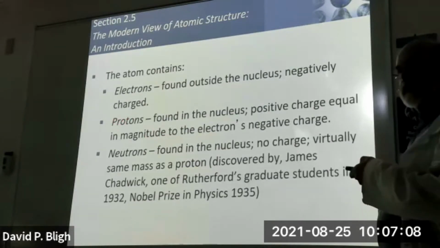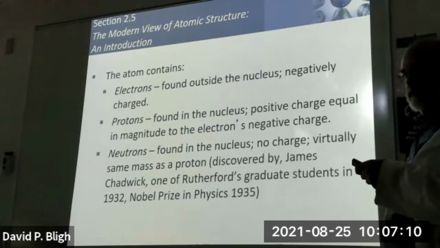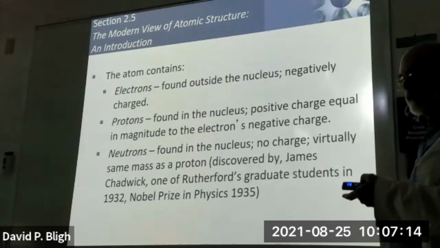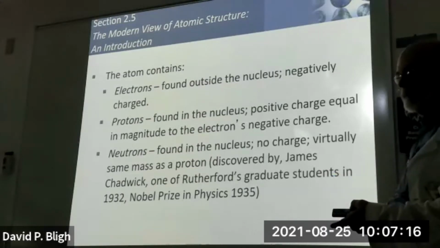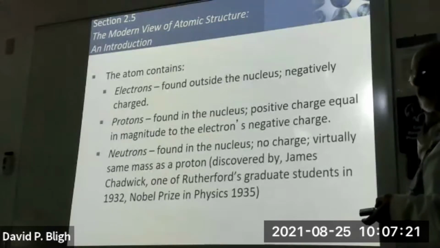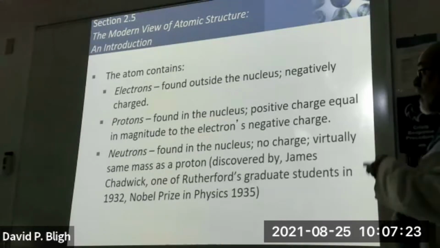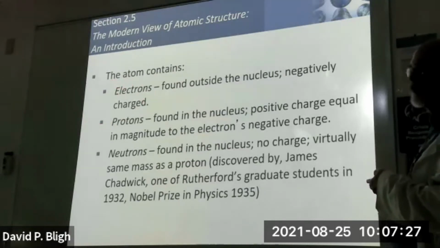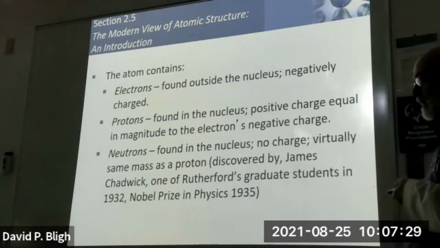But the protons didn't have enough mass to explain the total mass of the atom. We needed another particle, something else to account for the rest of the mass. And we knew it could not be charged because we'd already accounted for the charges, electrons and protons. So it had to be a neutral particle.